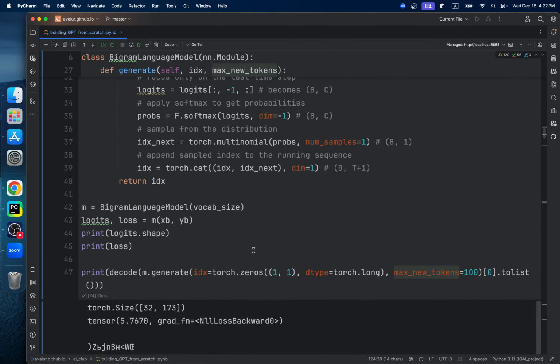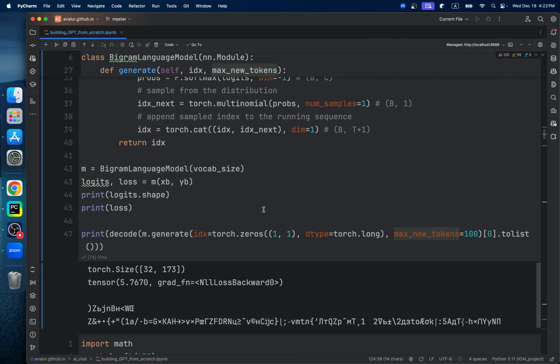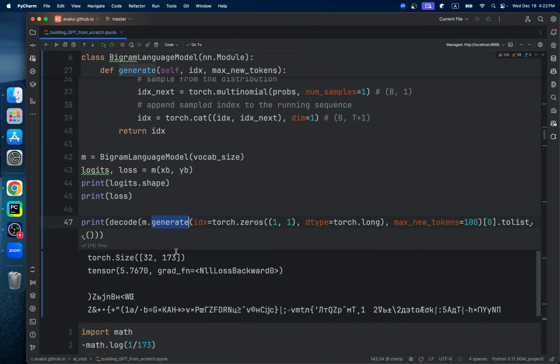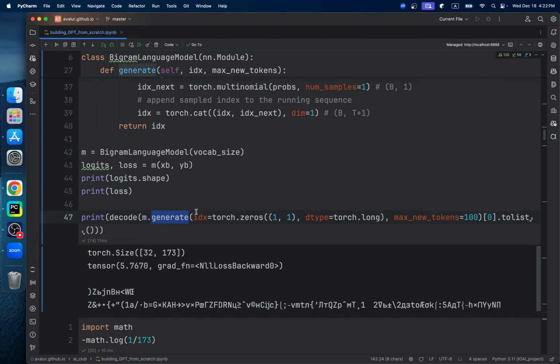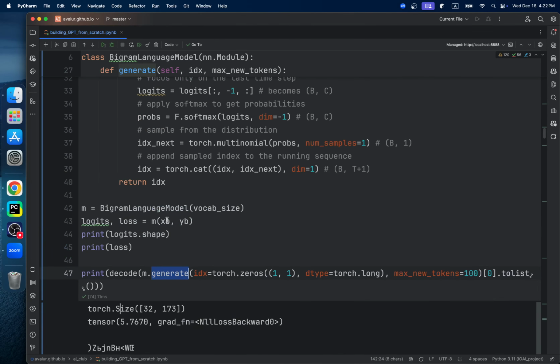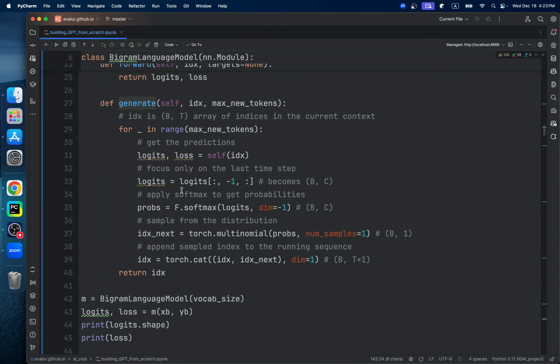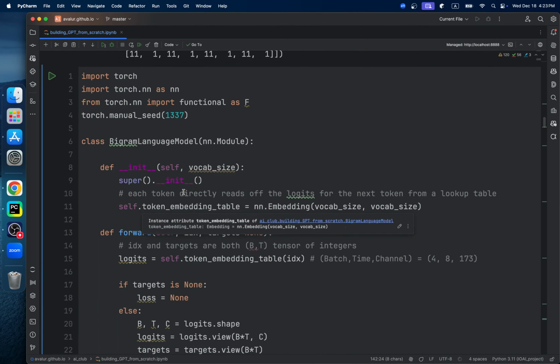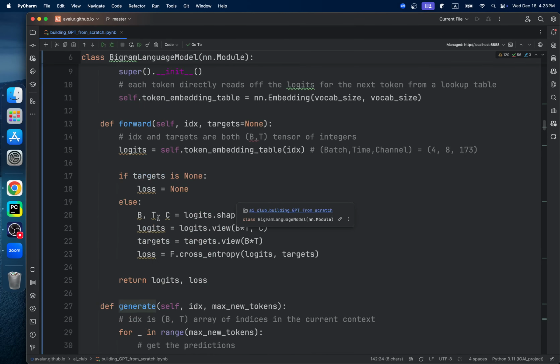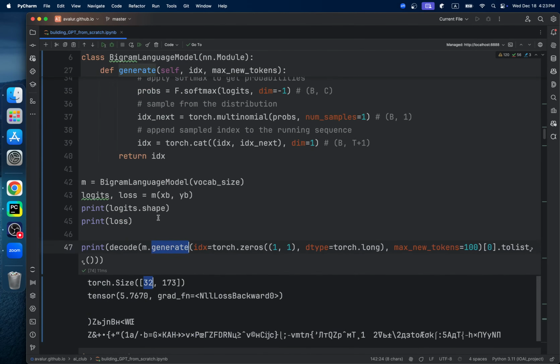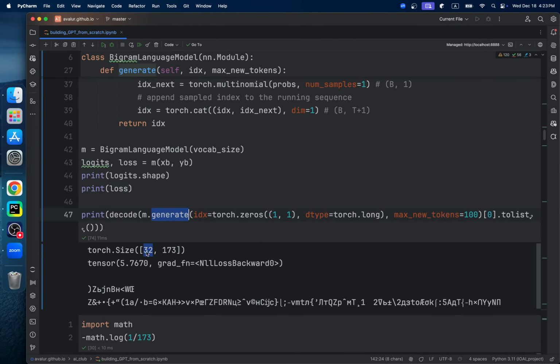And of course it works, so we can print generated sequences after decoding, even without any training. Here you see results. Without any training, the batch size for us here, let me show, is 32.